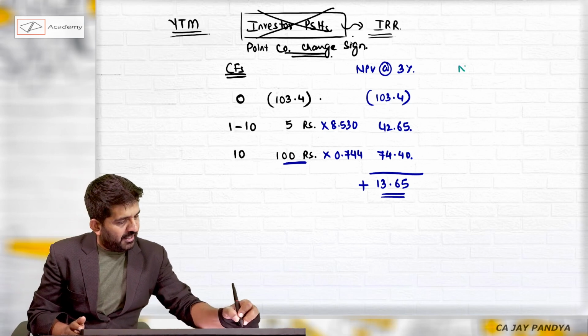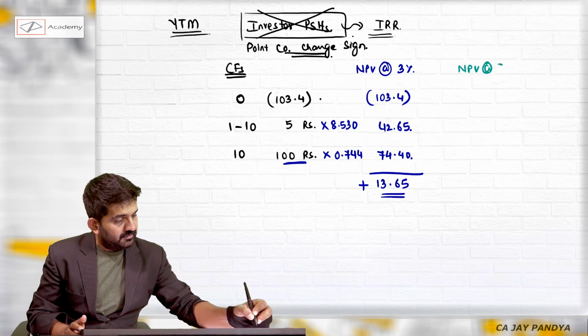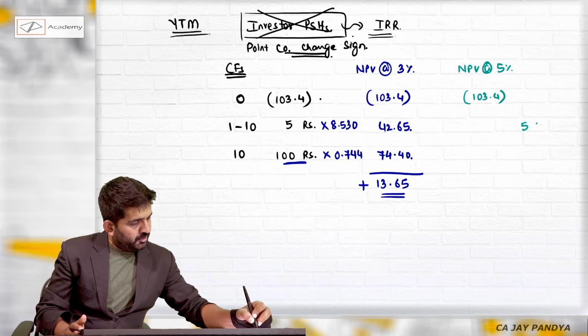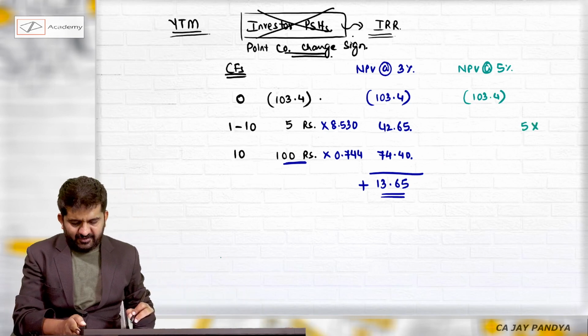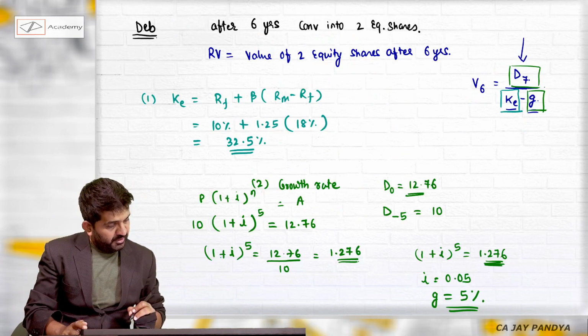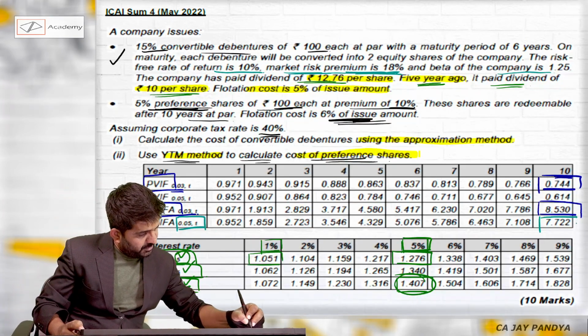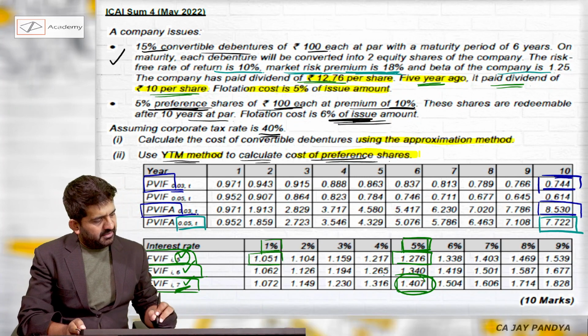Let me find out NPV at 5%. This is going to remain 103.4. This is going to become 5 into, now I'll have to take the annuity factor for 5% and not for 3%, which is 7.722.